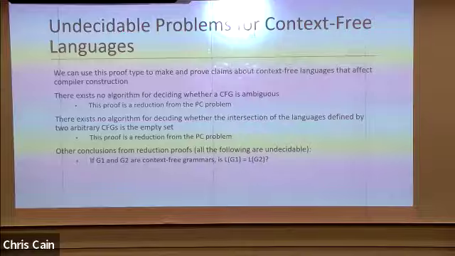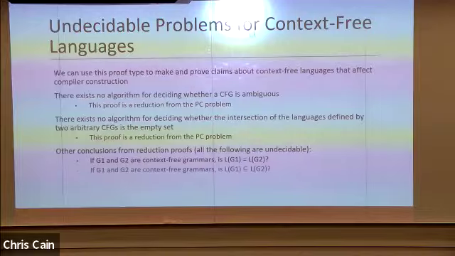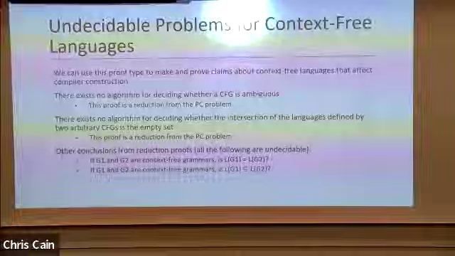Do they represent the same language? We don't have a counterexample to say no, but we can't say for certain that it is yes, at least in general. If we have two context-free grammars, is the language generated by grammar 1 a subset of the language generated by grammar 2? Undecidable.